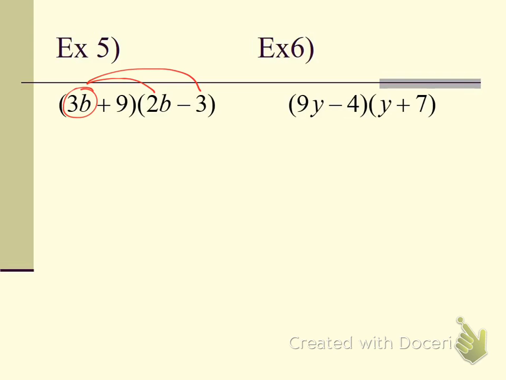6b. Somebody other than Deontay and Jasmine, tell me what else I need to distribute. Liam, was that you? What do I get when I do that, Liam?